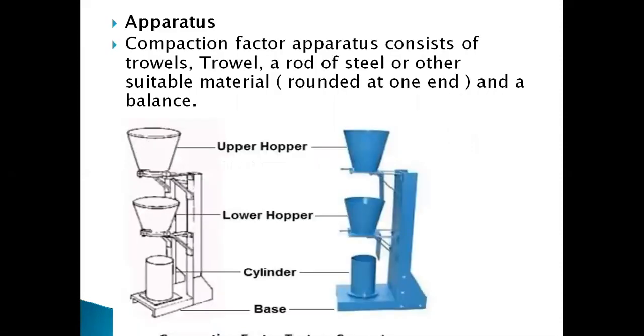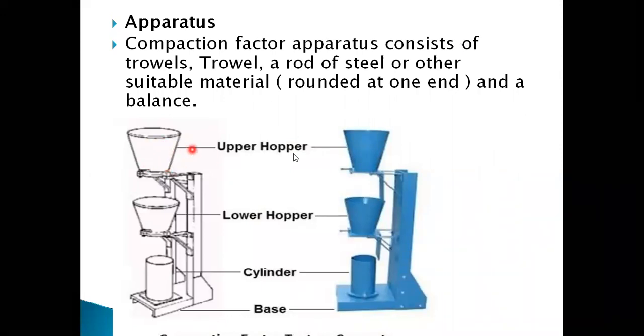The apparatus required is the compaction factor apparatus, as we see in the image. The compaction factor apparatus has the upper hopper, lower hopper and the cylinder at the base.